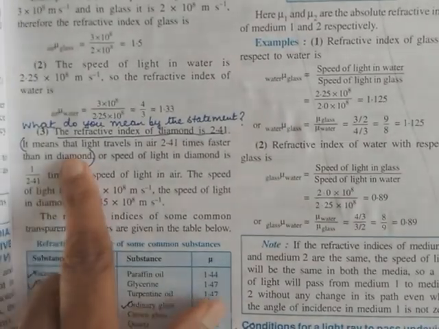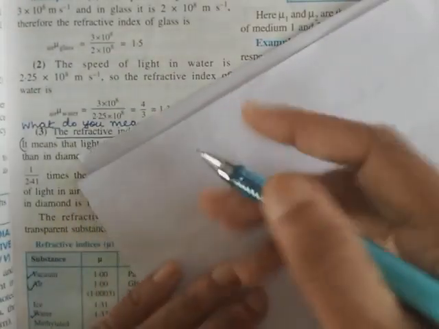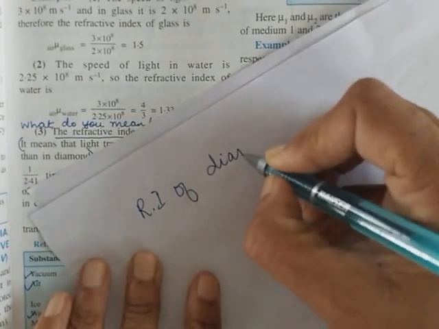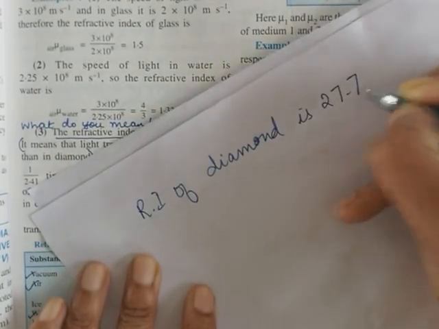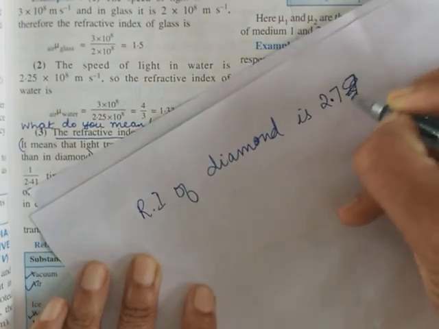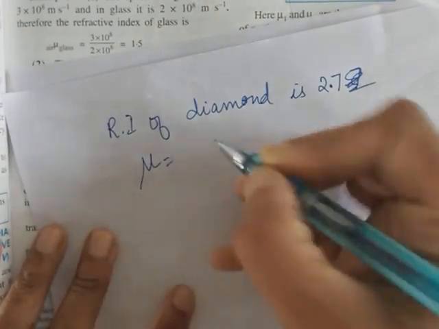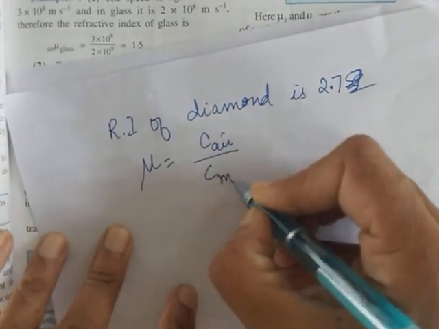Now there's another question based on this. What do you mean by the statement? When I say refractive index of diamond is 2.7, what do you mean by that? What information does this give you? You know that the refractive index formula is speed of light in air upon speed of light in the medium.